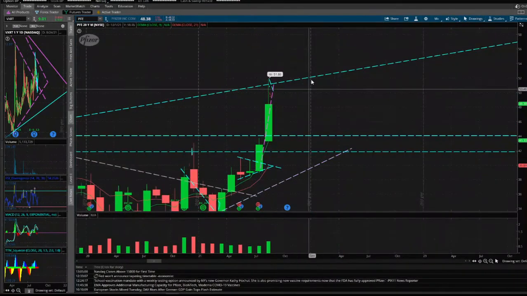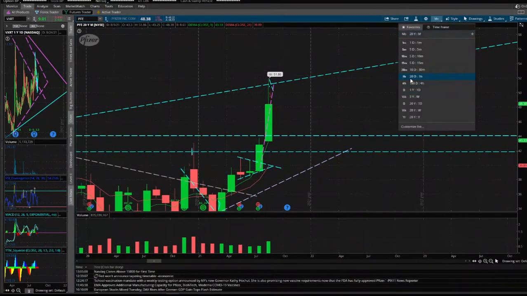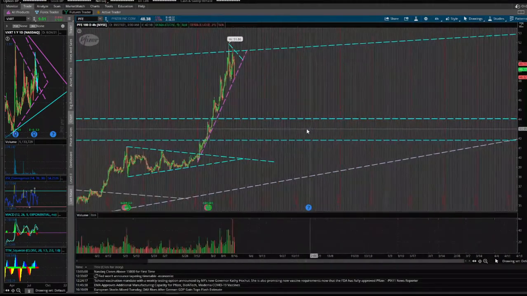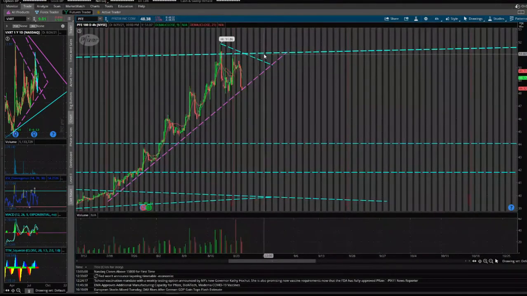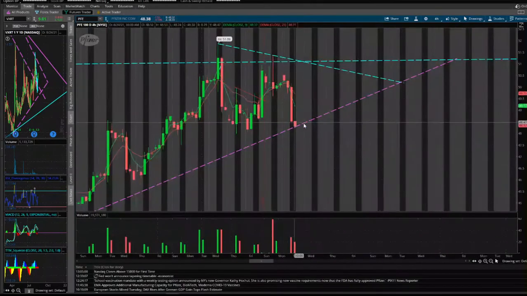I think Pfizer will go more, but right now it's just fighting for the trend, and this is the trend it's fighting for. I think it needs good volume to break this trend, and if it tries to stay above this trend, then we may see a run to the 70 area also.